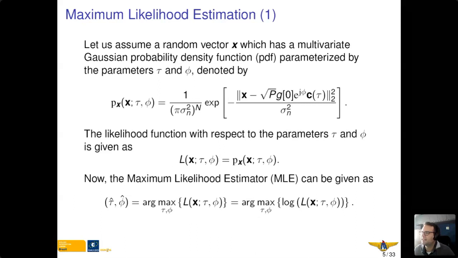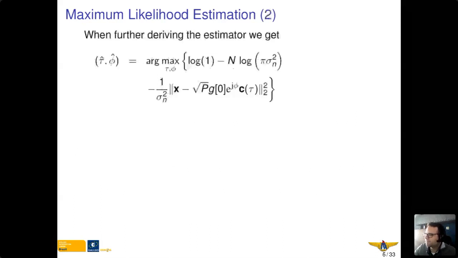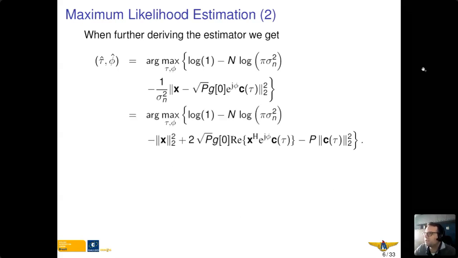Again, instead of maximizing the likelihood with respect to the two parameters, we can also maximize the log likelihood of the parameters, because the logarithm is a monotonic function. Again, the first two terms of our cost function here are not dependent on phase or delay, so we can drop them.